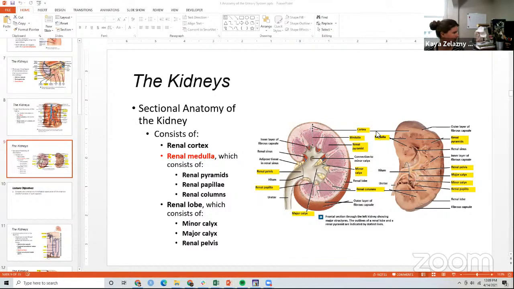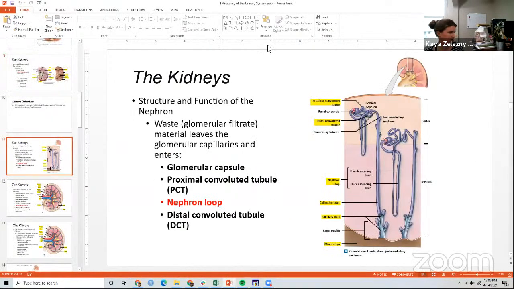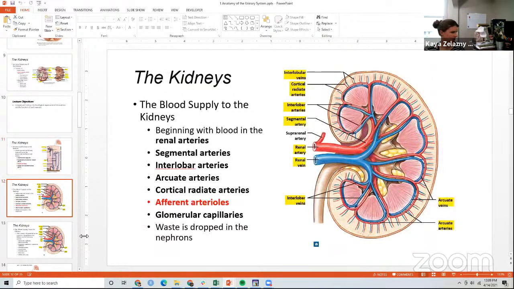Okay, so it's really when we get to this stuff that I would want you to know it for the purposes of our lecture exam, because the glomerular capsule, the tubules, the nephron itself, and the cortex and the medulla are not things that we will see in lab. Don't worry about most of these.